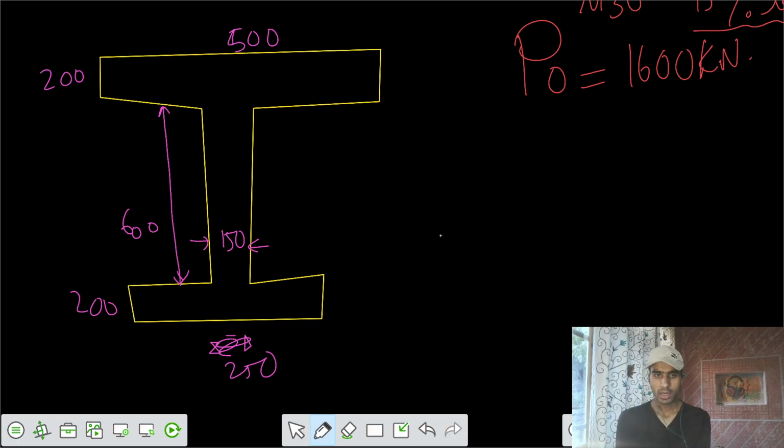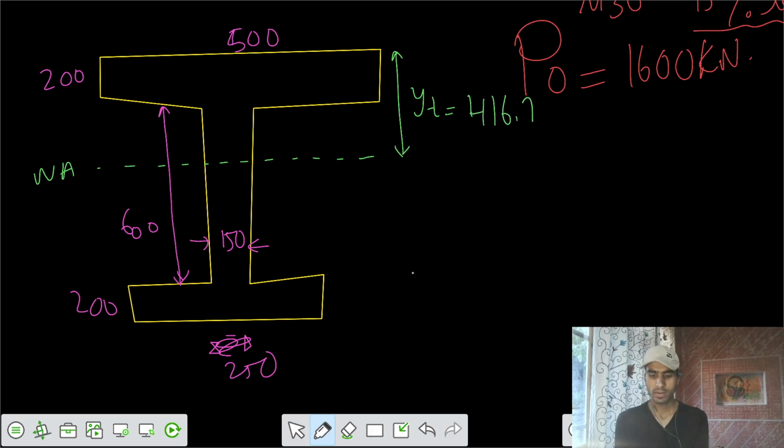It's also mentioned that the neutral axis is somewhere from the top. This is our neutral axis. The location here is y top equals 416.7, and y bottom equals 583.3 millimeters.